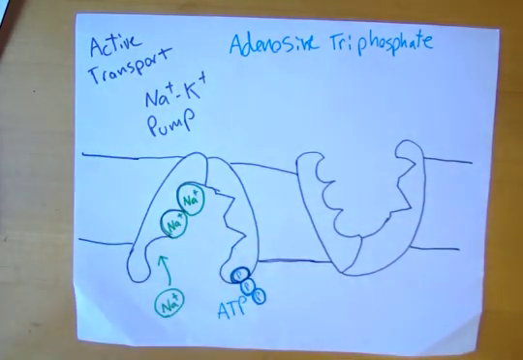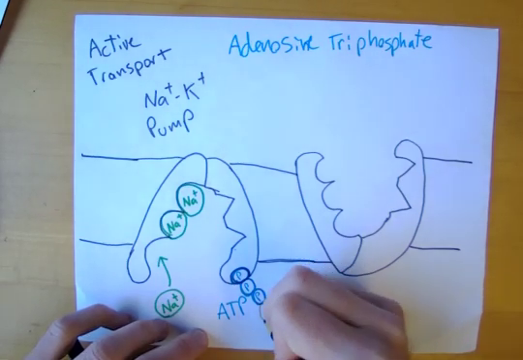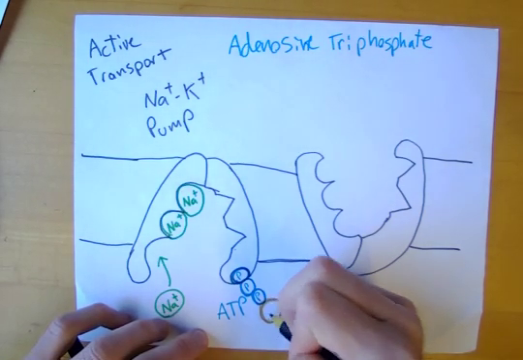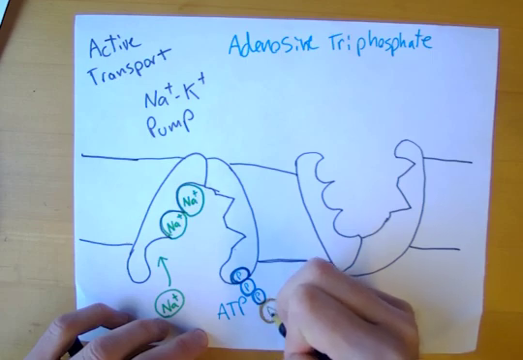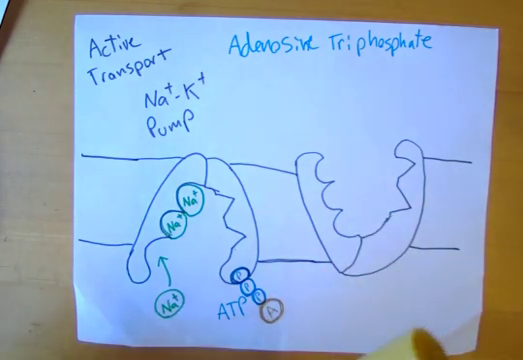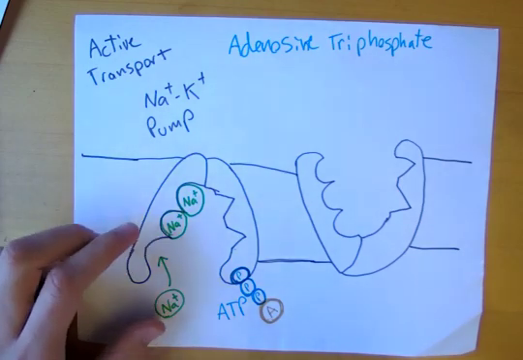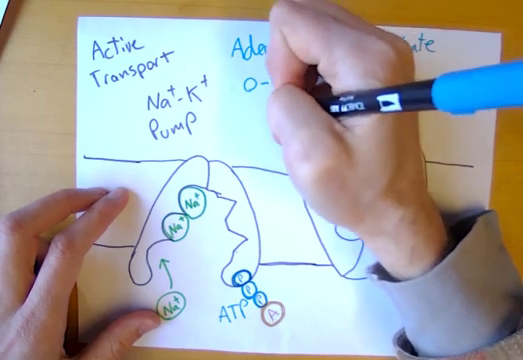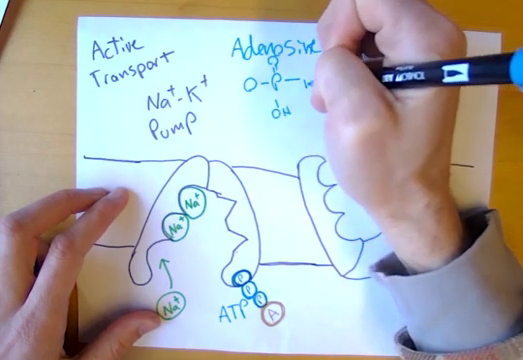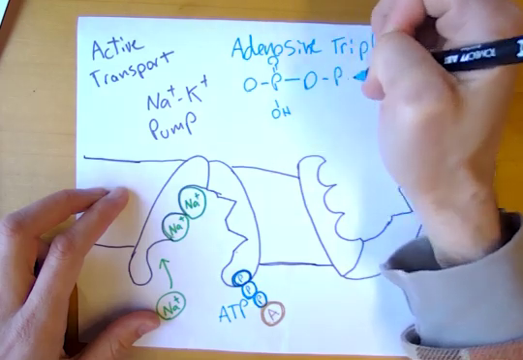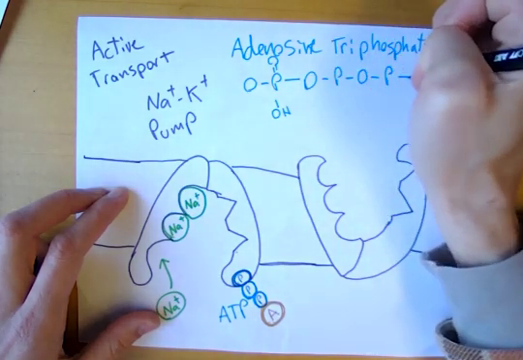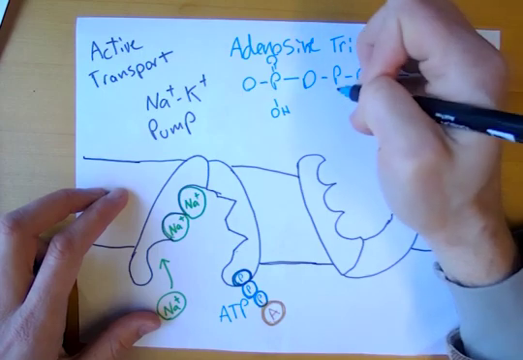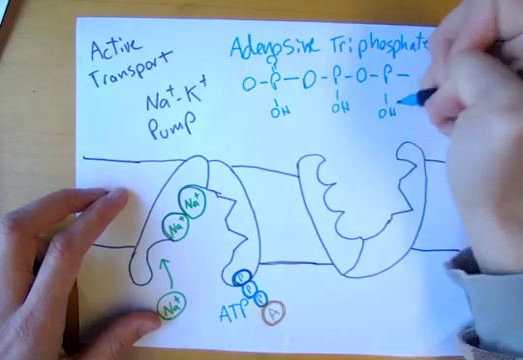And so let's make our adenosine here gold to separate it out. And so adenosine that has these phosphate bonds here, which are our phosphate group. Oxygen, phosphate, oxygen, and a third phosphate. So this is the chemical chain there.